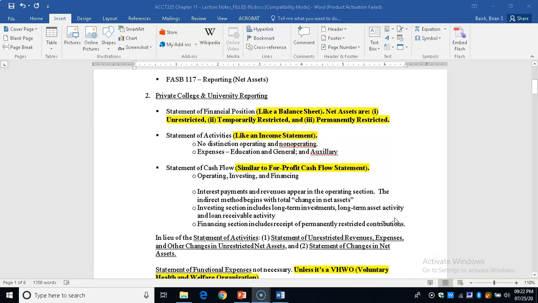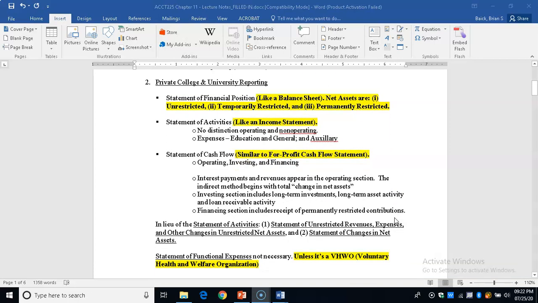Now, remember, if you're a private college and university or a private not-for-profit, you have four financial statements. Statement of financial position, which is like a balance sheet. Statement of activities, which is like an income statement. Cash flow statement. And statement of functional expense. It's recommended, it's not necessary unless you're a voluntary health and welfare organization.